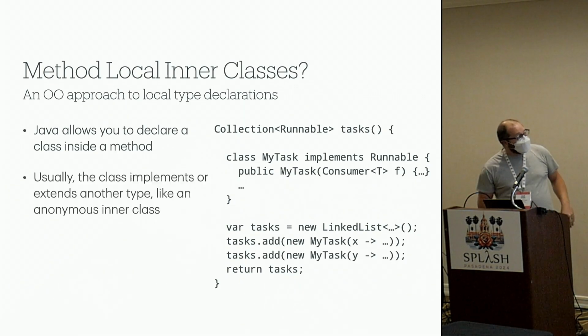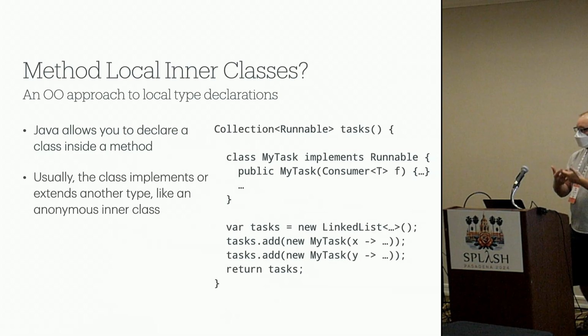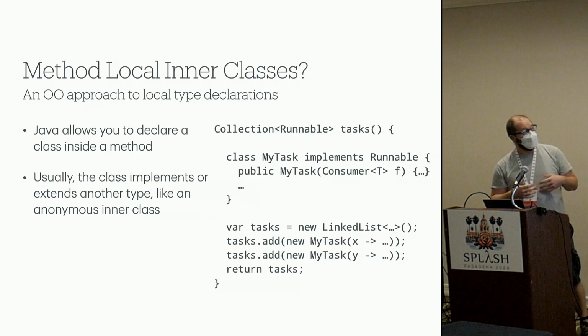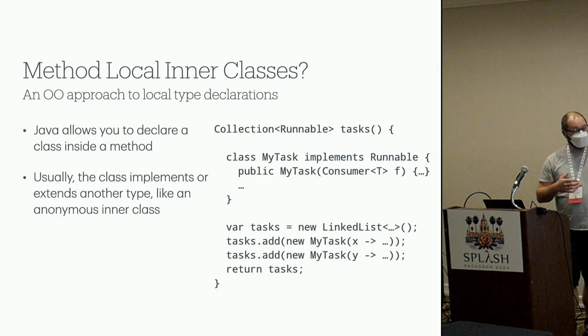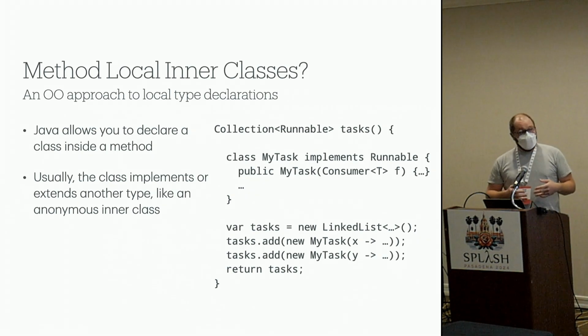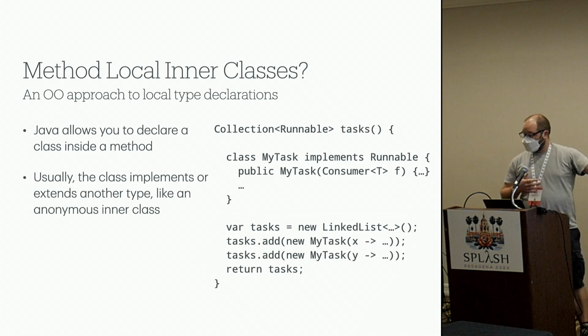And usually when we do this, it's not to keep the instances of this type purely local to the method, but because we usually use this to implement some external interface, or inherit from some external class. But by virtue of it being named, we can actually use the name and construct it multiple times.